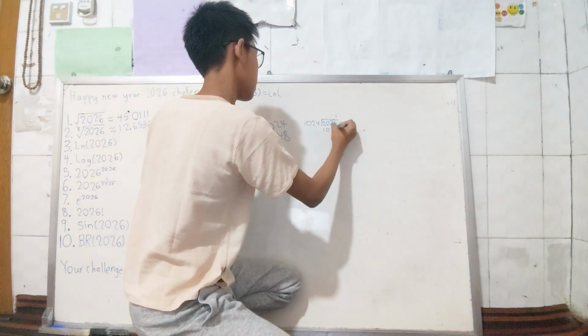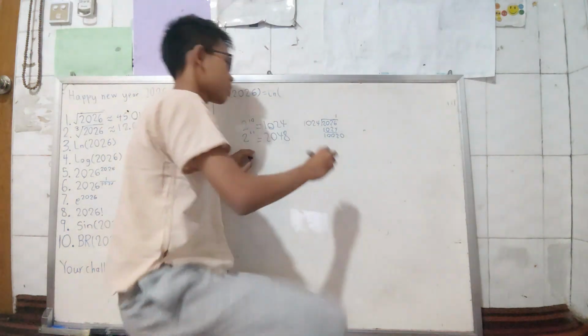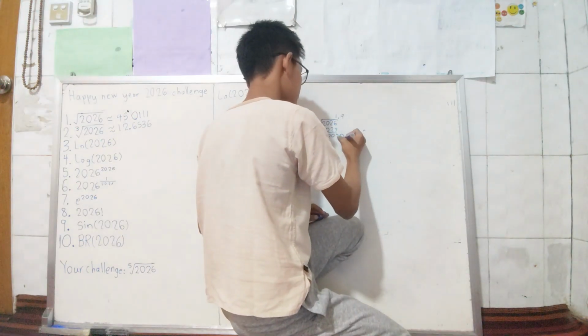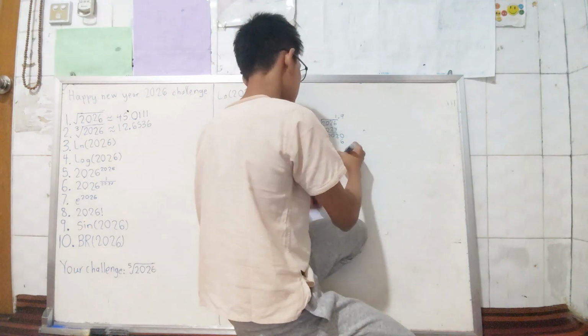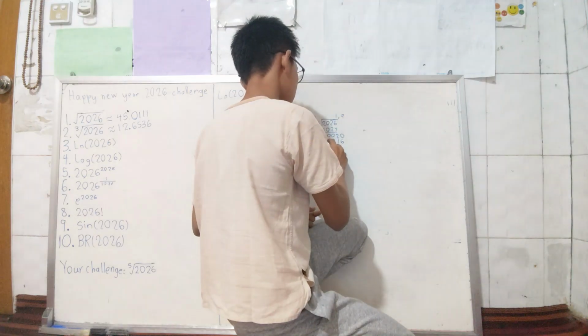So that's going to be 1024, 2, 1002. Okay, and that's going to be 1.9. 4 times 9 is 36. And then 2 times 9 is 18. So it's going to be 21. It's going to be. Wait, what?